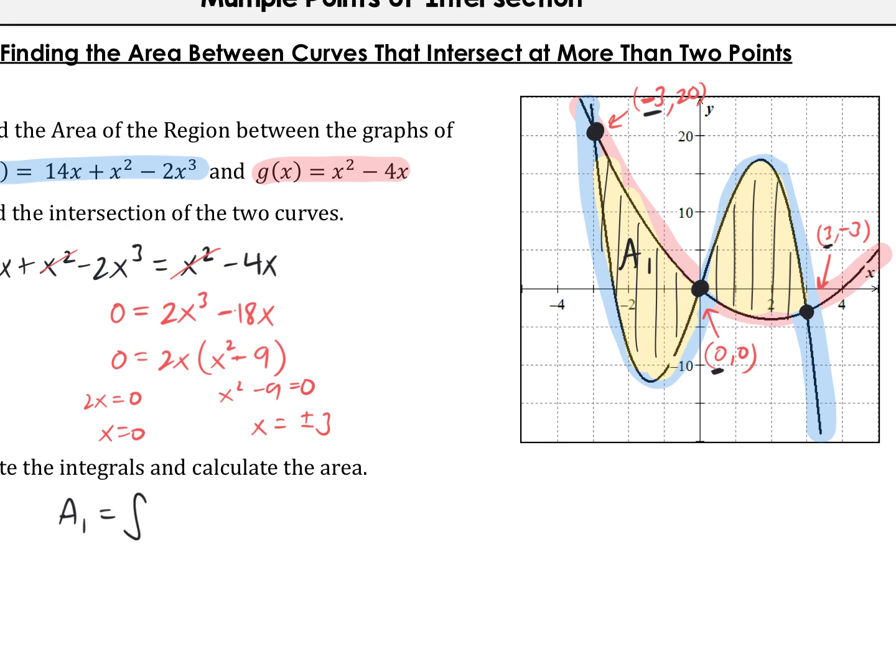So we're going to integrate for my x values from -3 to 0. And then when I'm setting up my formula, I'm taking the top curve minus the bottom curve. So it's going to be g of x minus my f of x function.